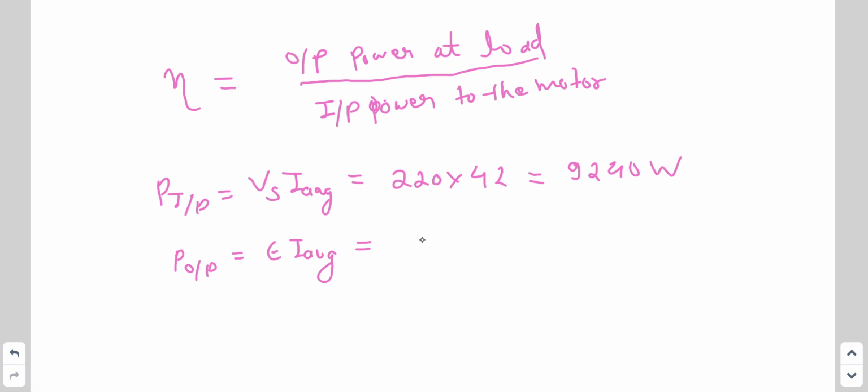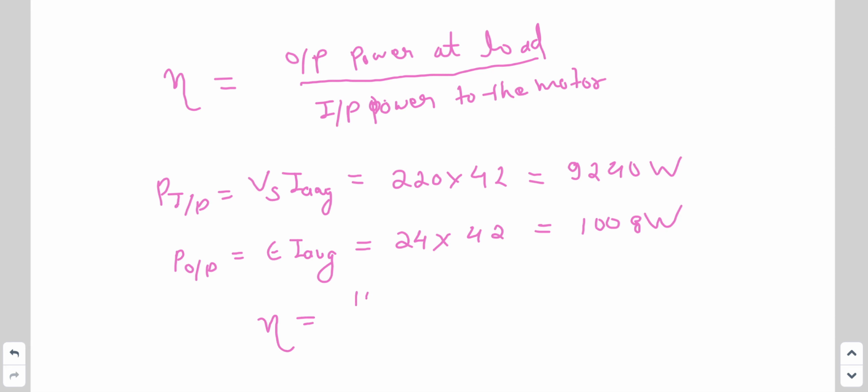E is 24 volt and it is 42 ampere, so it will be 1008 watt. So efficiency will be output divided by input.